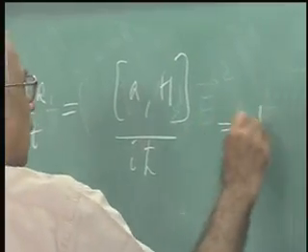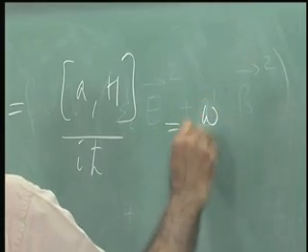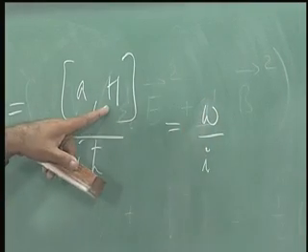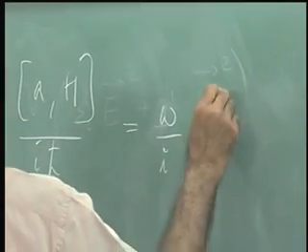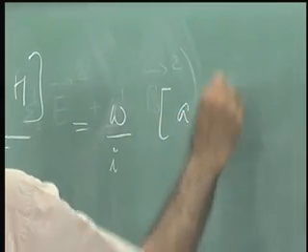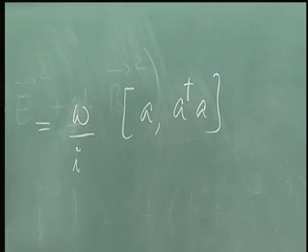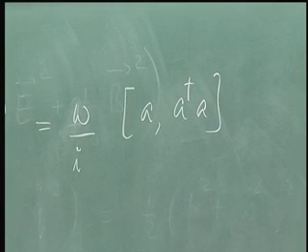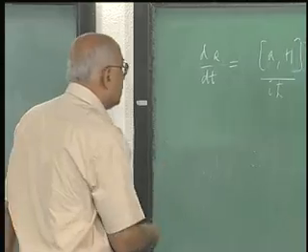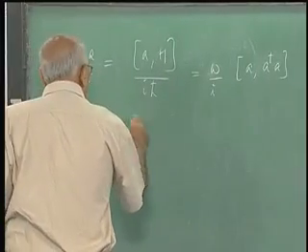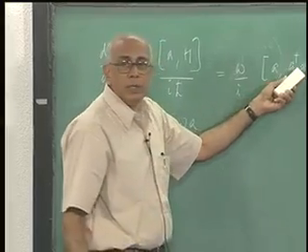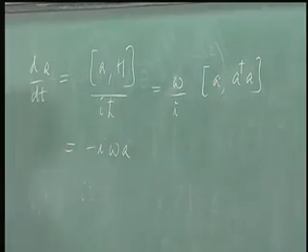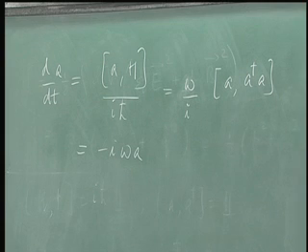And that is trivial to find because this is equal to 1 over i, or rather omega over i, because H is h cross omega A dagger A. So this is the commutator of A with A dagger A. The half part does not contribute to anything, and it is just this guy here, which is equal to minus i omega A, because A with A dagger is unity and there is an A which comes out and it is minus i omega A, that is it.